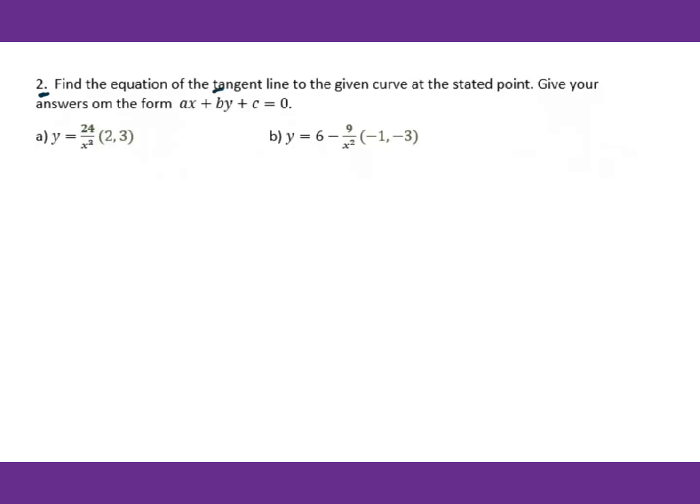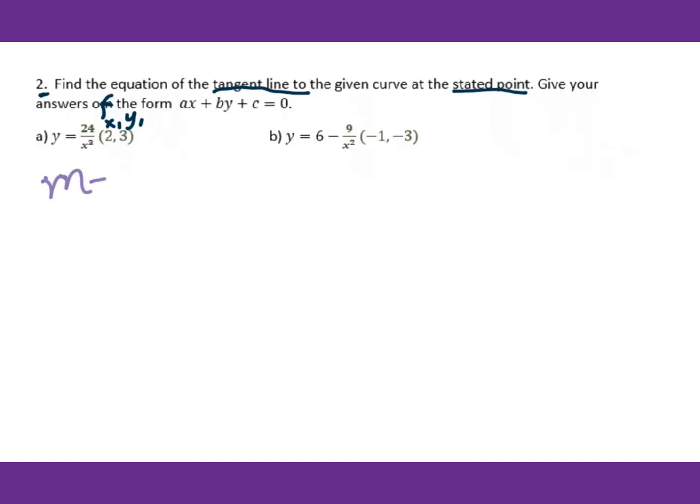Find the equation of a tangent line to the given curve at the stated point. Give your answer of the form ax plus by plus c equal to 0. Check A. You get the x1, y1. Still, I need the slope of a tangent line.